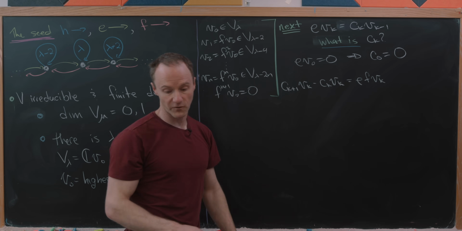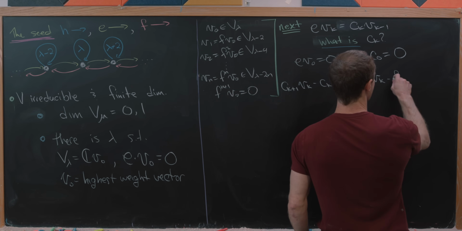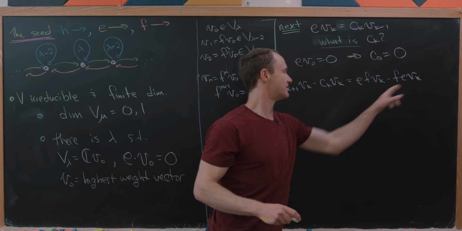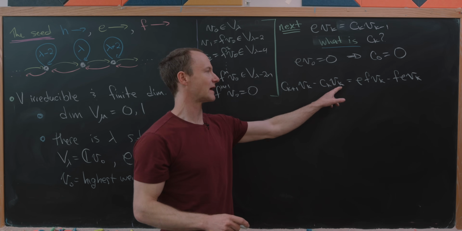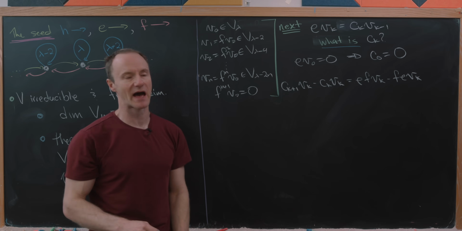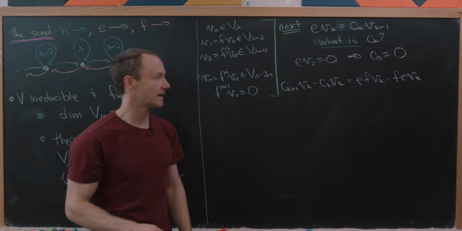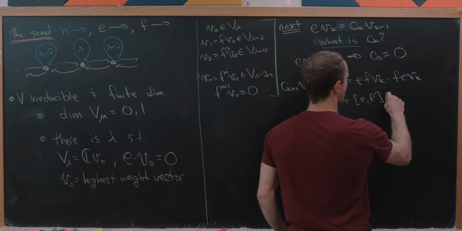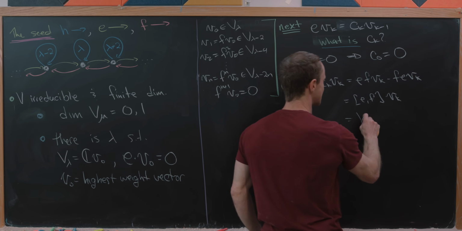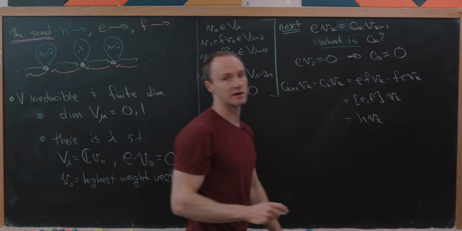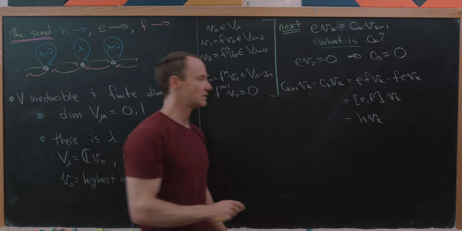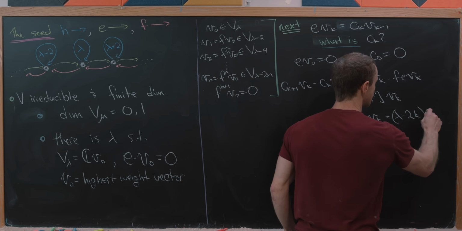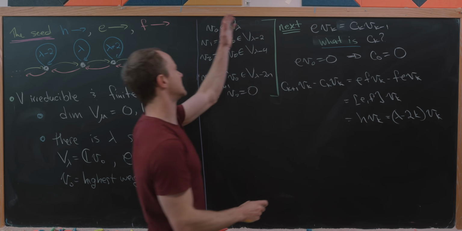And then from that, we will subtract FE vk, and that's because E vk will be ck vk minus 1, and then F brings that back up to vk. But let's observe that that's simply the bracket of E with F acting on vk. In other words, that's H acting on vk. But notice that H acting on vk is lambda minus 2k times vk, which we can see from our chart right here.